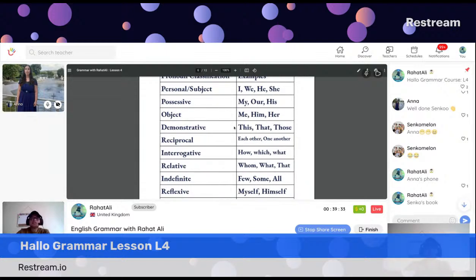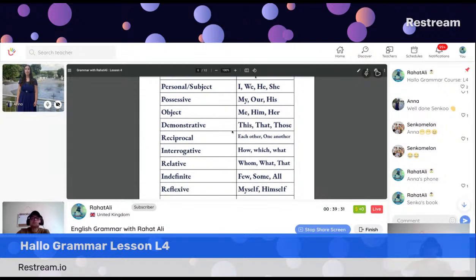And reciprocal, the word reciprocal means when we do something between ourselves, between each other. So there is a way you can remember, like each other, one another. Each other and one another have slightly different meanings. If there are two people, we use each other, like Anna and Sanko are talking to each other.